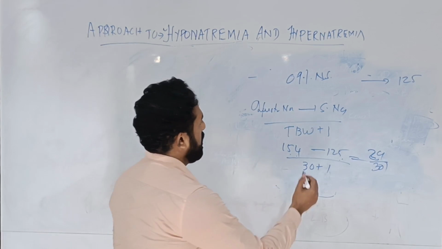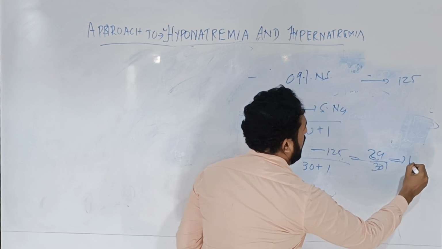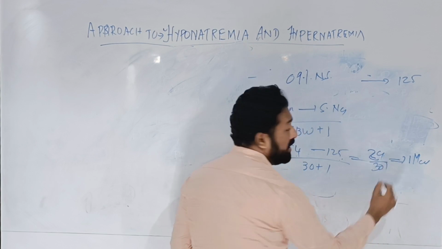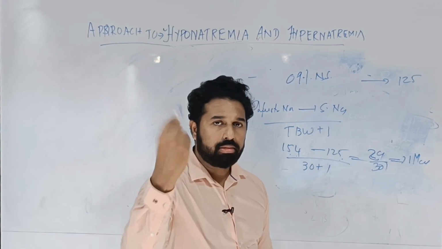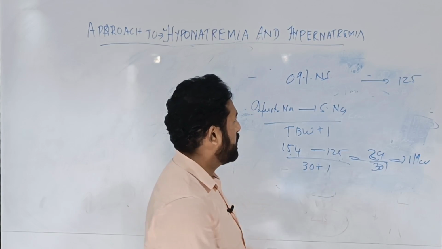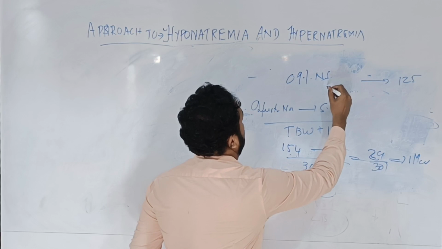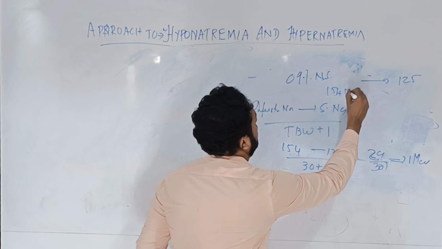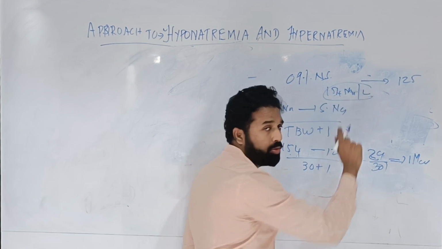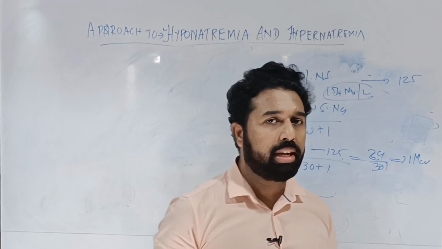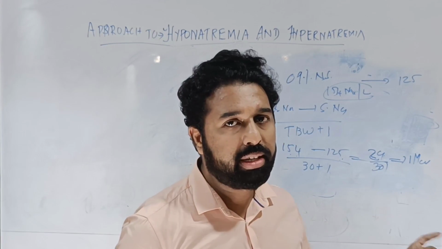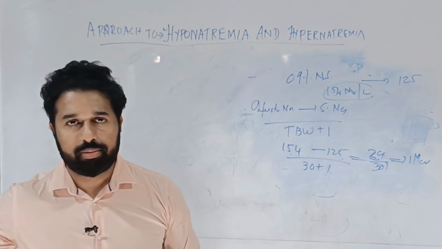Okay, so around 1 milliequivalent. 30 by 30 is 1. So around a 1 milliequivalent rise of sodium will happen if you give 1 liter, that is 2 pints, of 0.9% NS, which has 154 milliequivalents per liter, in a patient with sodium 125. That is how much the sodium will improve.